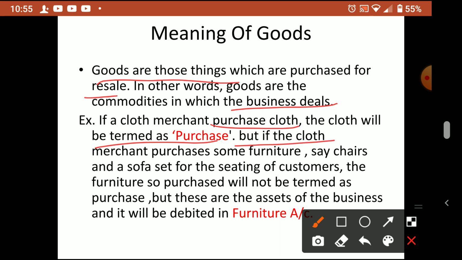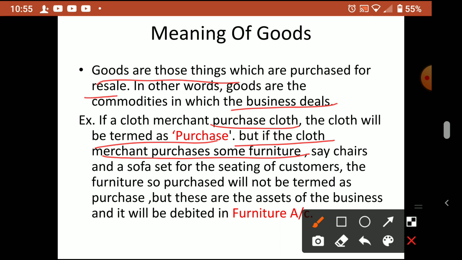If a big textile shop is bringing clothes, that is termed as purchase. He purchases clothes today, tomorrow, every day he is purchasing. That purchase will go to the purchase book. That is termed as purchase.